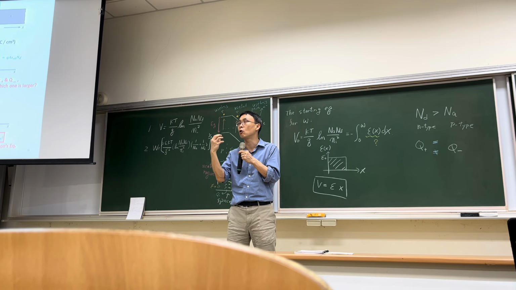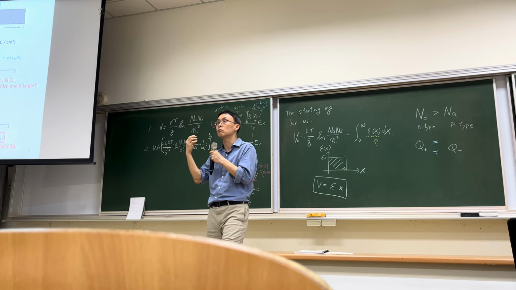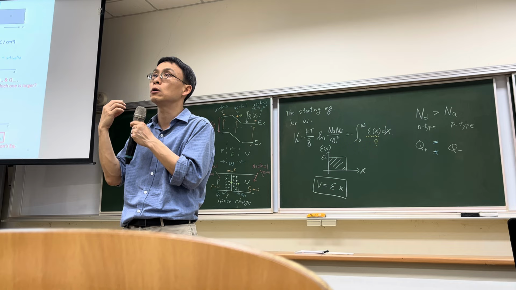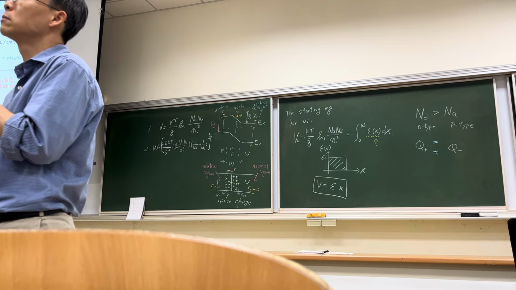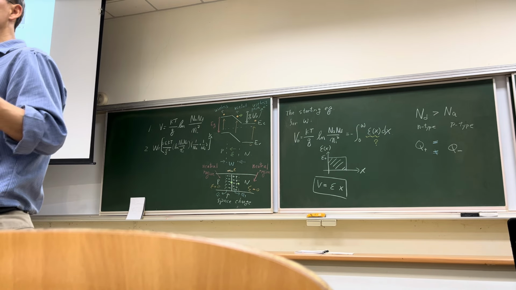Where does the electron go? Where do the electrons in the middle of the depletion region go? Why do they disappear?